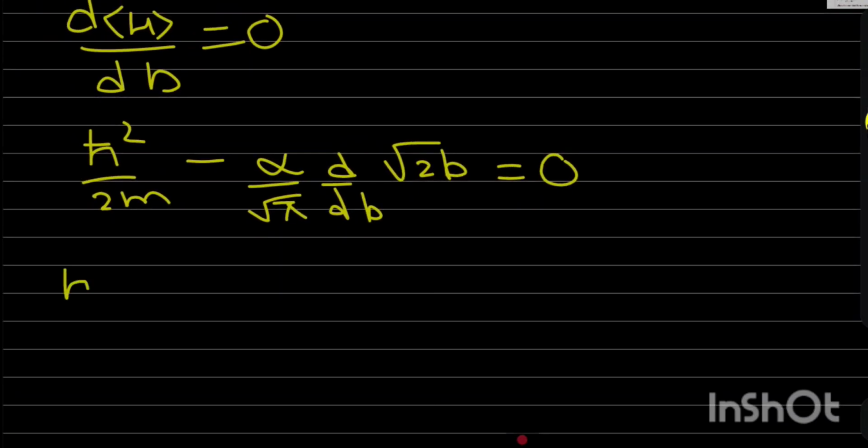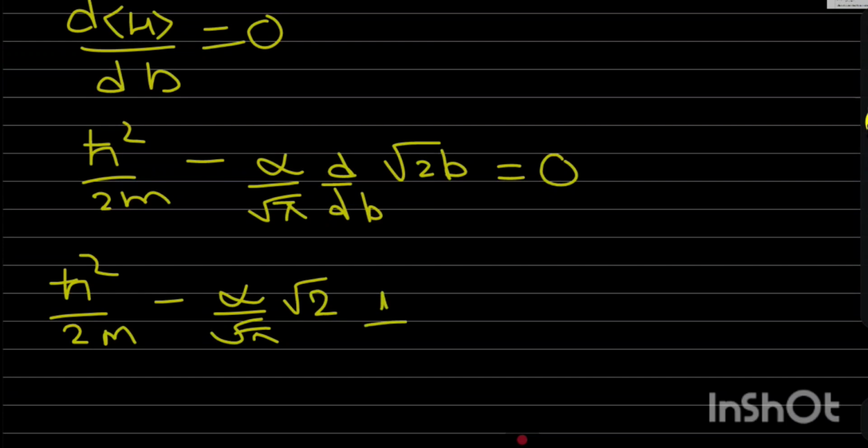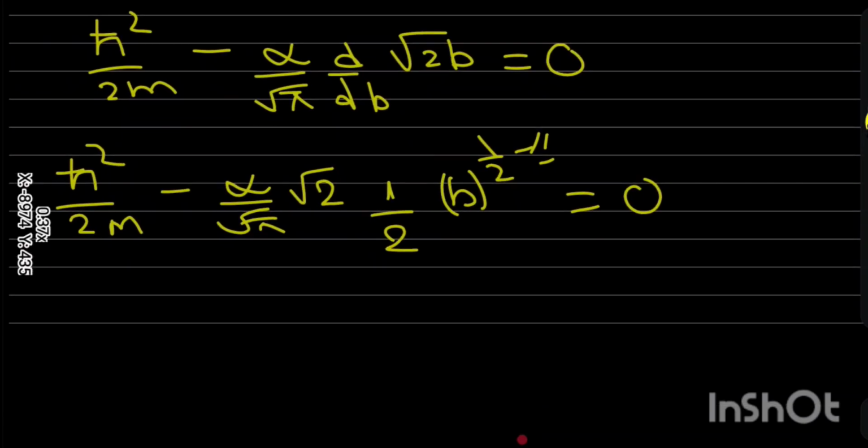Now it will be ħ²/2m minus α/√π, and again I will choose √2 out and √b, which is b to the power 1/2, and the differentiation will be 1/2 times b to the power 1/2 minus 1, equals 0.